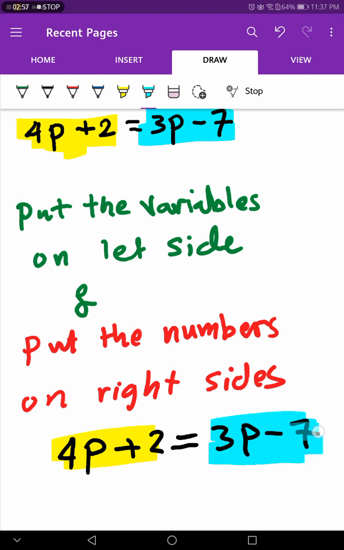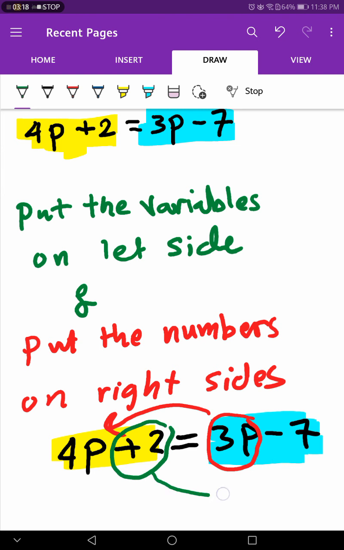Now the rule says put all the variables on the left side, so I have to move this here, and put the numbers on the right side, so I have to transport this number to the right side.